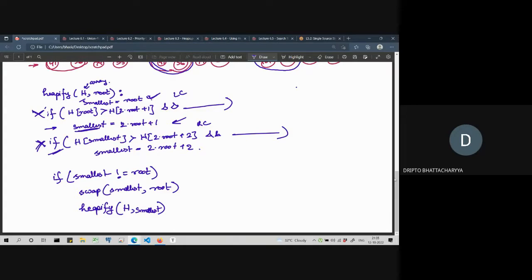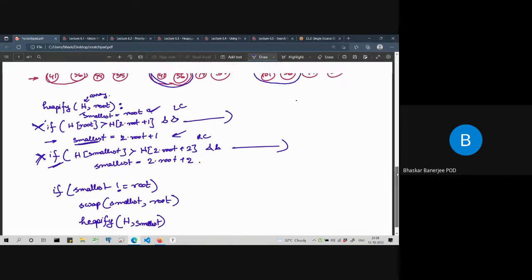Sir, over here, while we are swapping, shouldn't we swap the indices instead of the values? Why would you do that? It doesn't matter. You can just swap the values. That's what matters. How would you swap indices? It's an array. Whenever I'm drawing this in the form of a tree, this is an array.